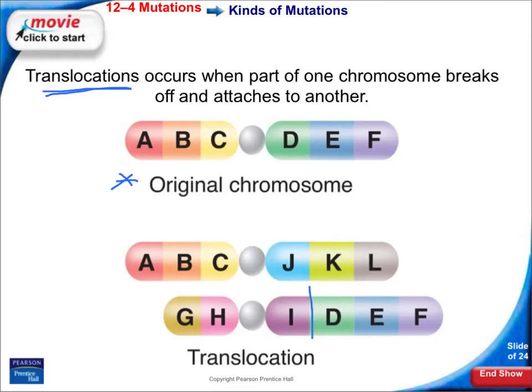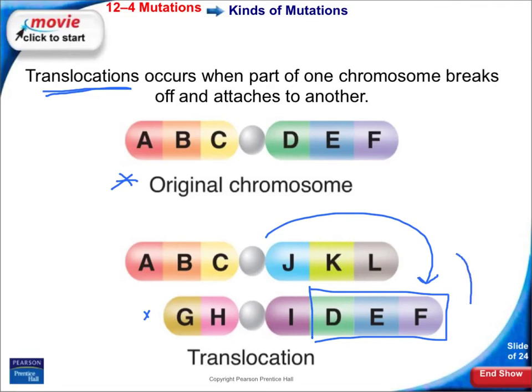The D, E, F is now located on this other chromosome, and the information that was located on this second chromosome is now located on the first chromosome.